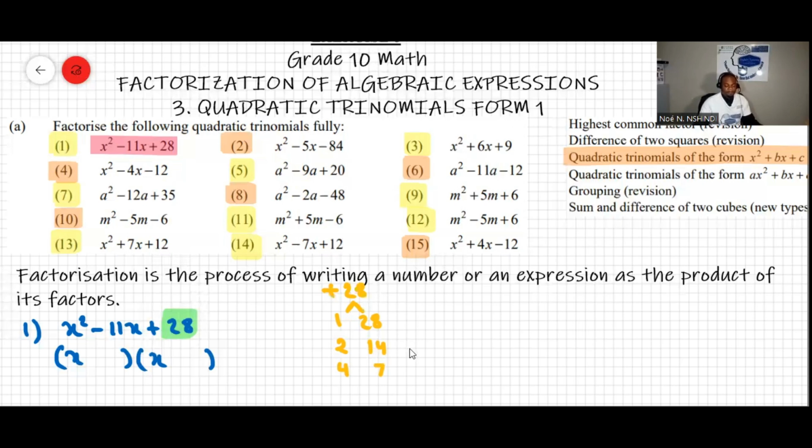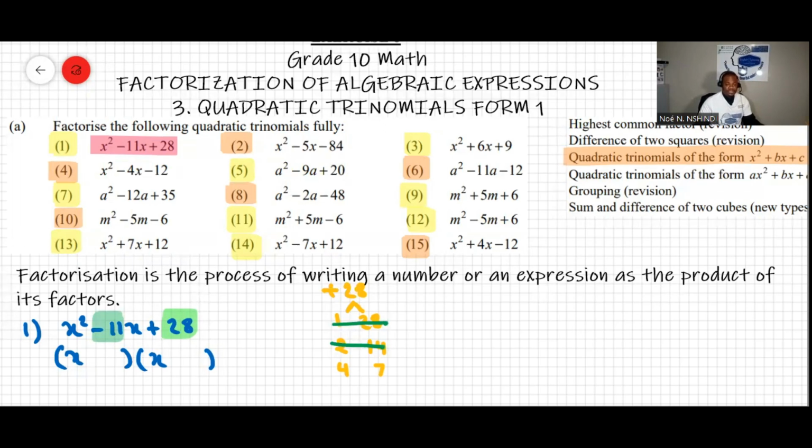So now in the list of the factors of 28, we will see which couple will make a sum equal to the coefficient of the middle term, in this case negative 11. Now let's see. With 1 and 28, there is no way for us to get negative 11, even if we do 1 plus 28 or 1 minus 28, 28 minus 1 or 28 plus 1, it will never give us negative 11. 2 and 14, no, but 4 and 7, yes.